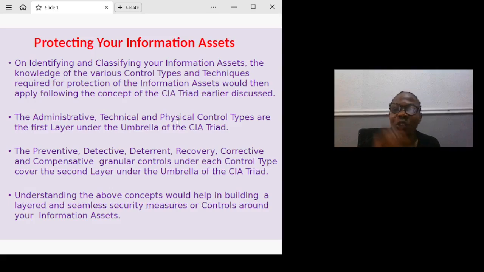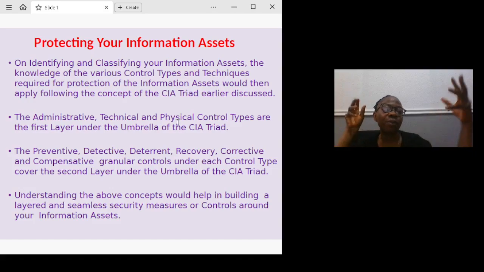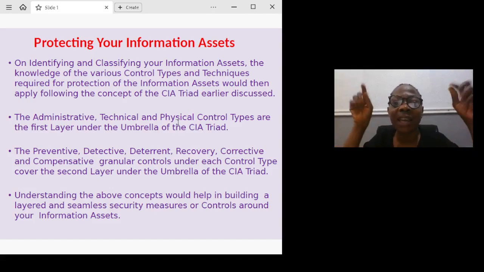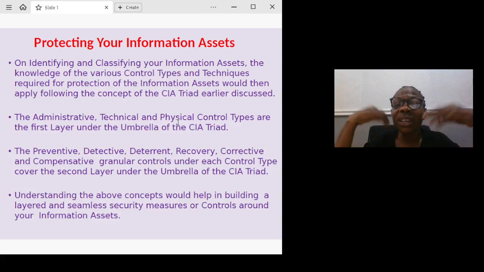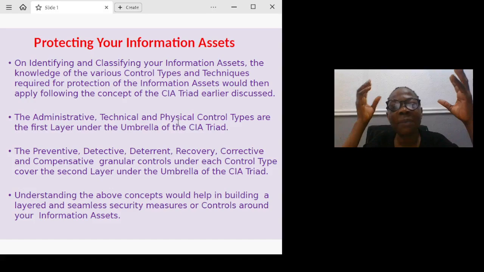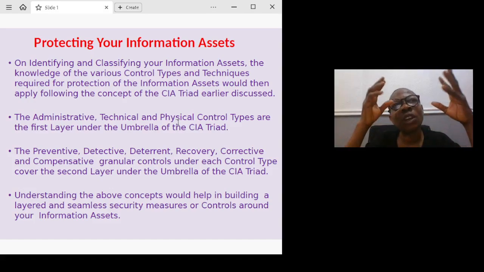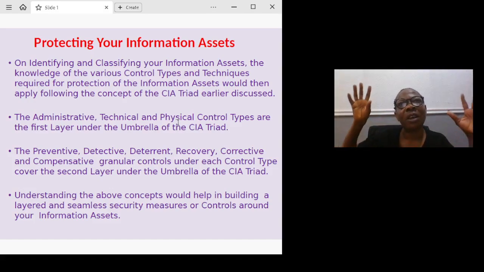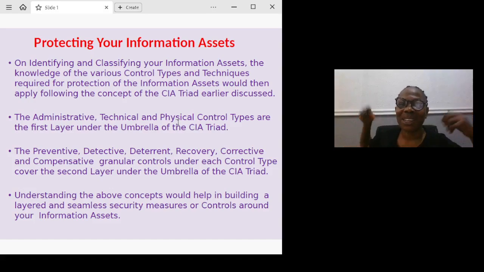Just like I showed you that CIA triangle, the same way it applies with the concept of administrative controls, technical controls, physical controls. Like I was illustrating then, my company logo is an umbrella.